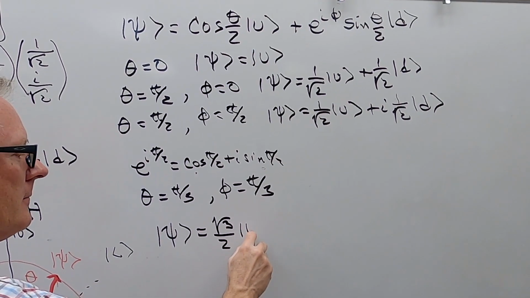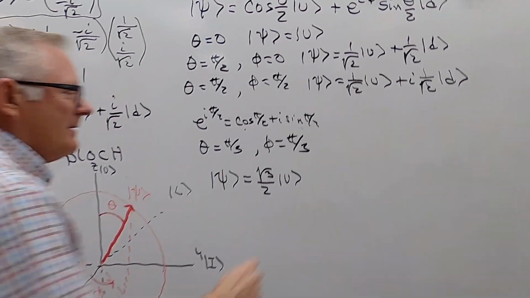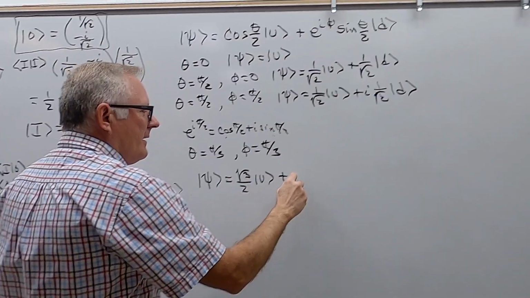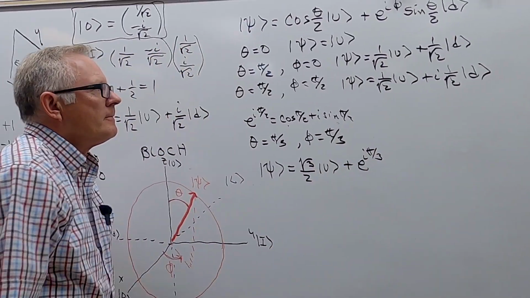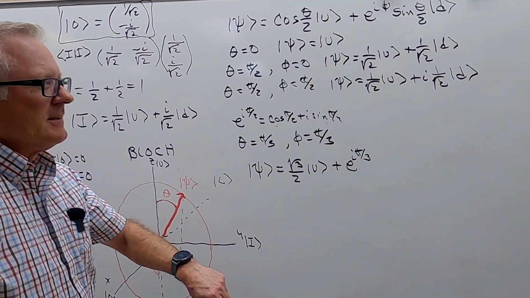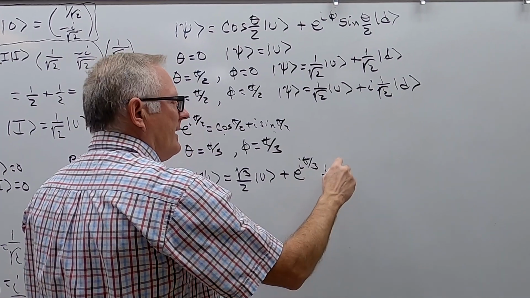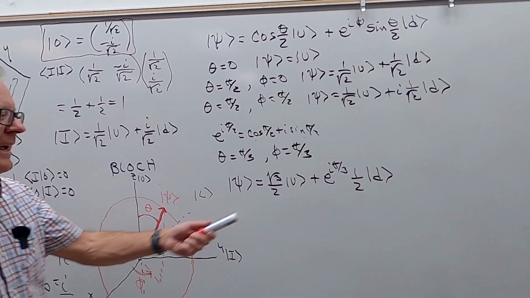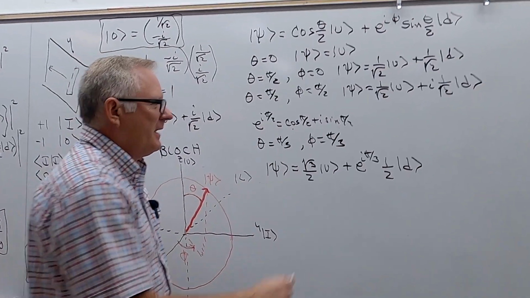up plus e to the i pi over 3, e to the i pi over 3 times sine pi over 6. That's 1/2, 1/2 down. Or if I didn't want to leave it as e to the i pi over 3, I could have done what we did up here.